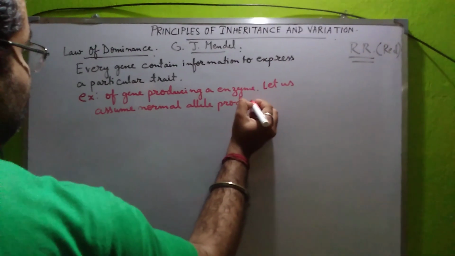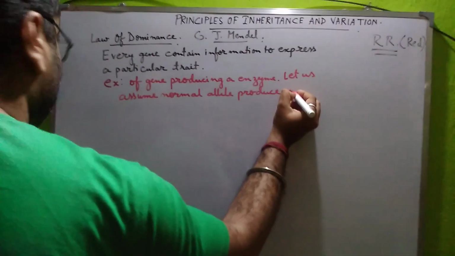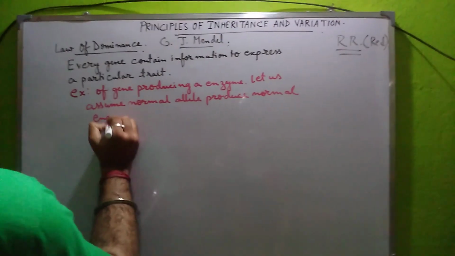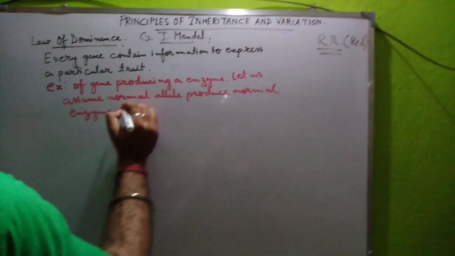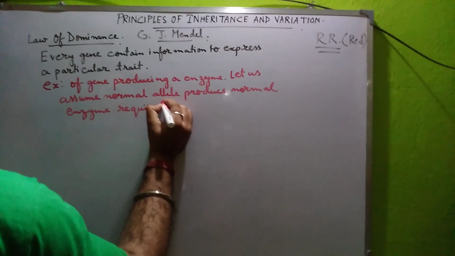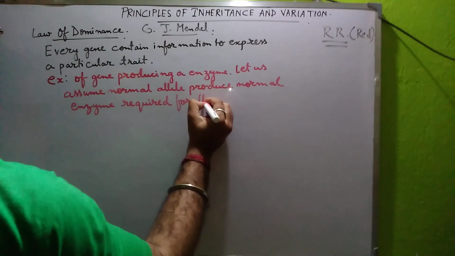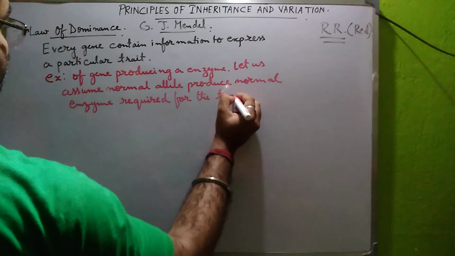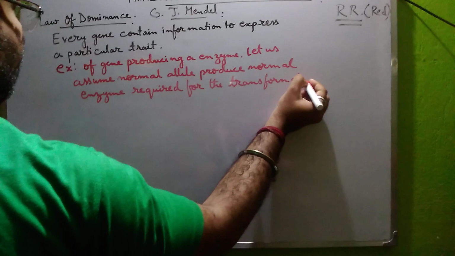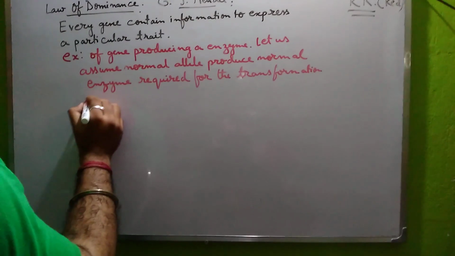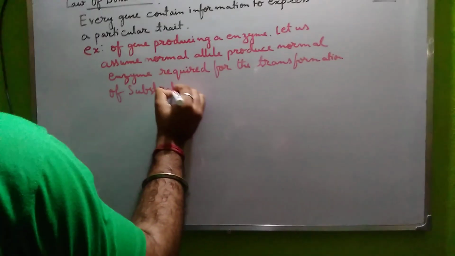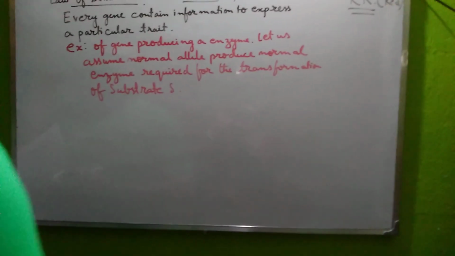Assume a normal allele produces a normal enzyme required for the transformation of a substrate. Now understand this thing.